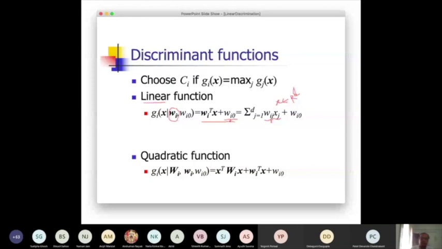I hope you have understood this part. For a particular function, these are the parameter sets. As usual, this w_i is related to the feature vector. So what should be the dimension of w_i?